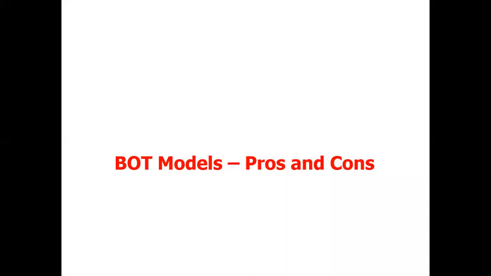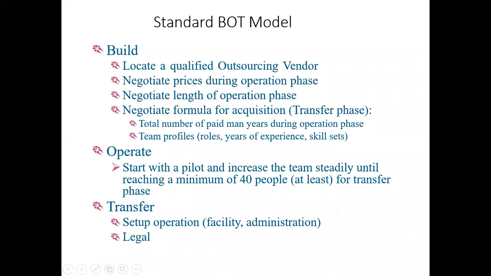We will take a look at that also. This is the standard BOT model where, as I already told, B stands for build, O stands for operate, and T stands for transfer.